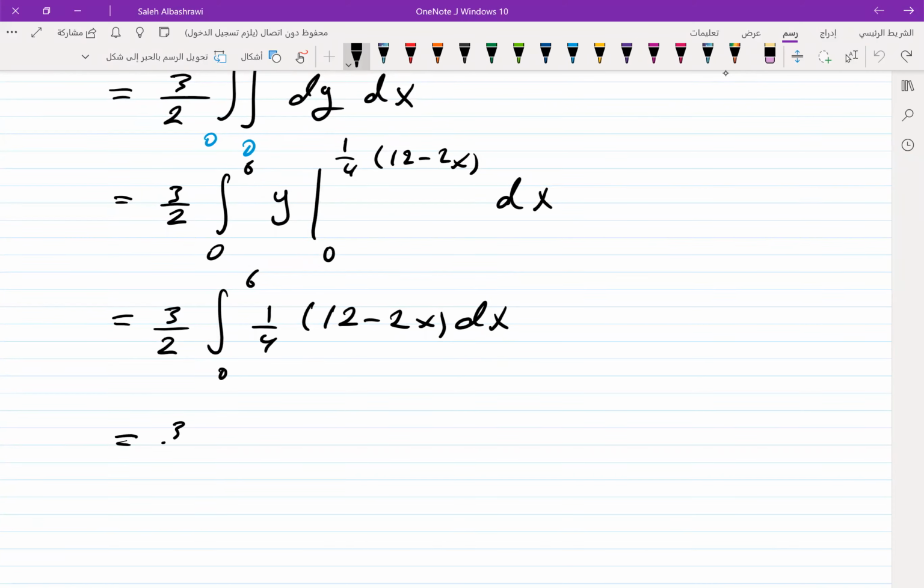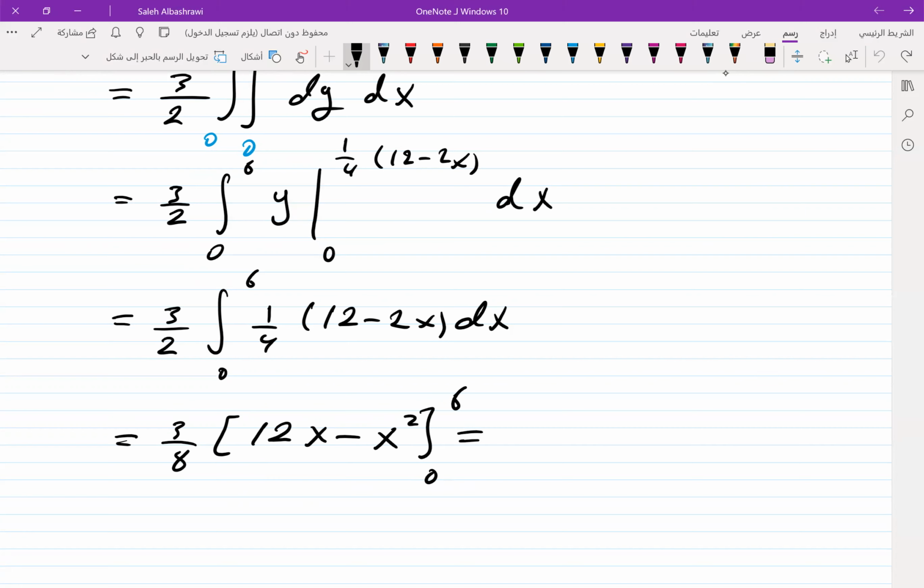That will be 3 over 8 multiplied by the integral of 12 minus 2x, which is 12x minus x squared from 0 to 6.